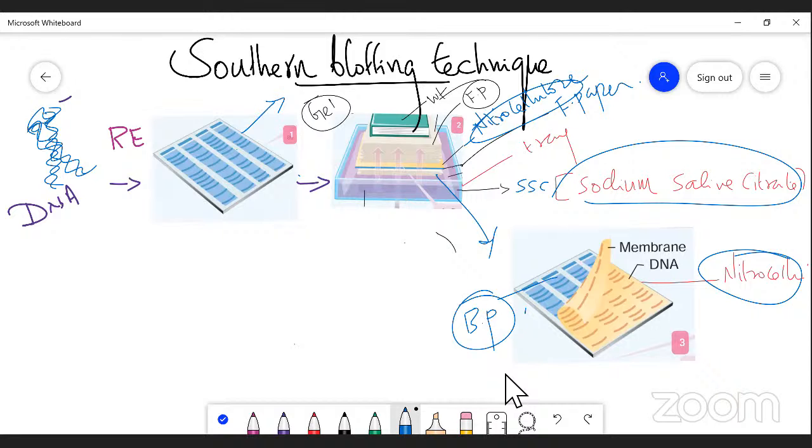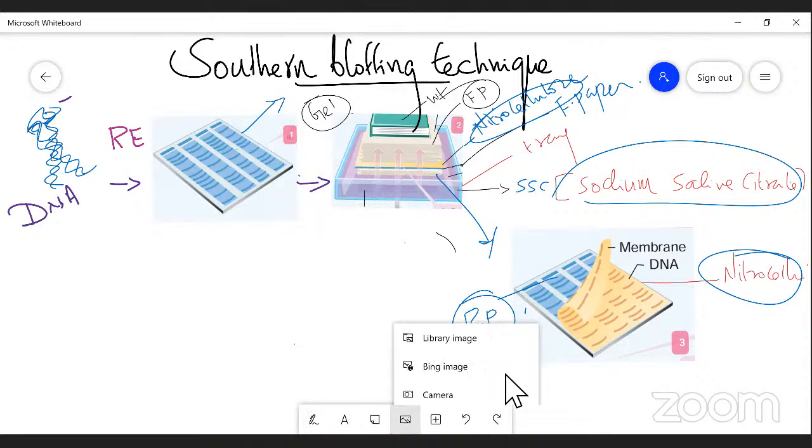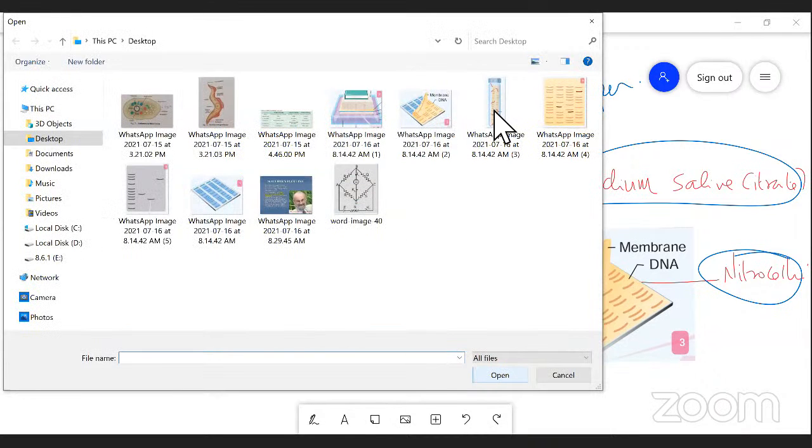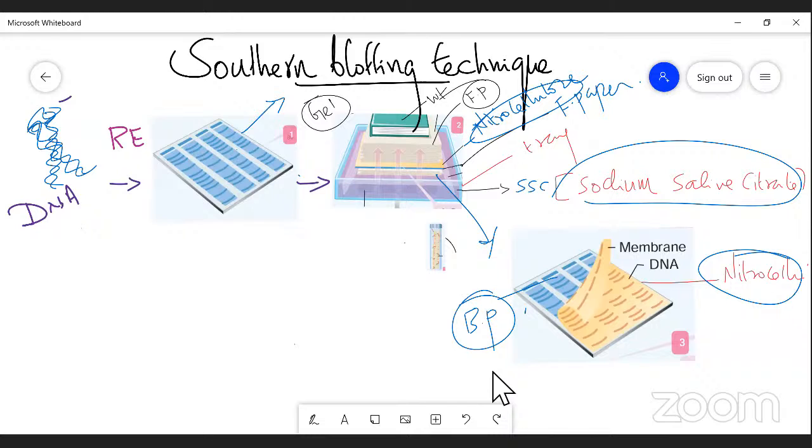Next, after removal, this membrane paper is to be kept in a hybridization bottle, right? One bottle is taken. They're going to show you, you can understand. Now this is a hybridization bottle, it is cylindrical in shape.